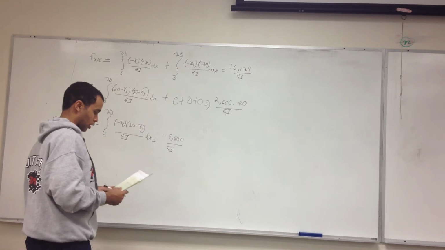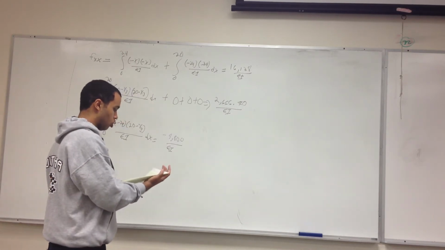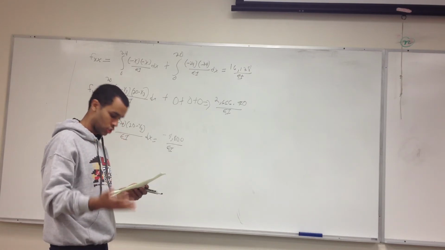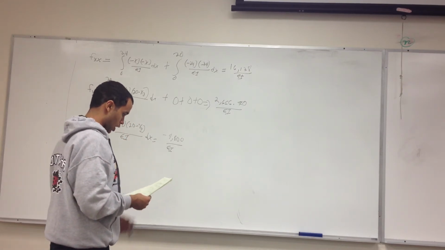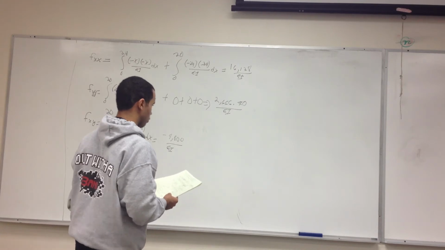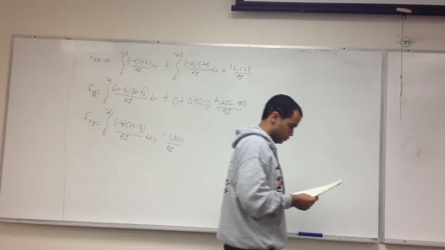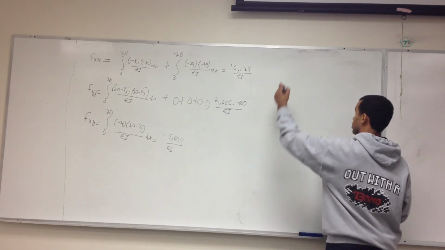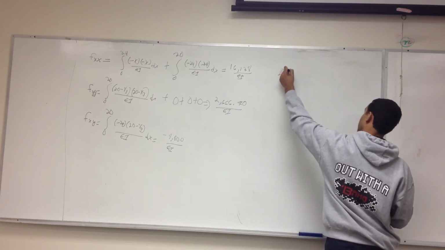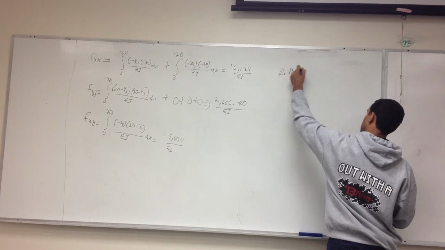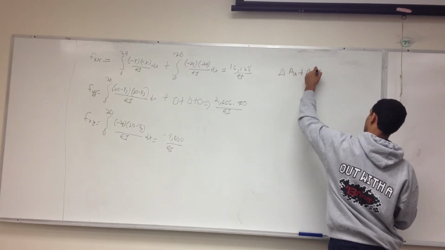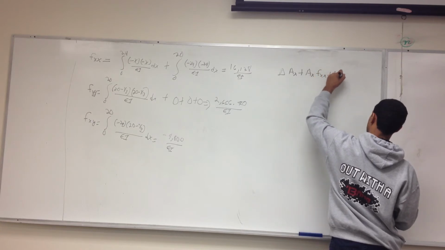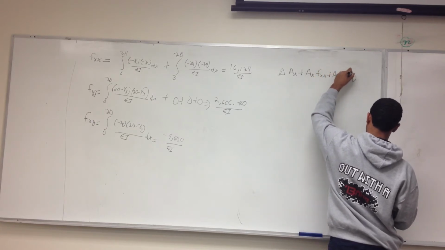Now we take our equation to find what the reaction of AY and AX is. In simple format, the first equation will be delta AX plus AX times FXX plus AY times FXY is equal to 0.